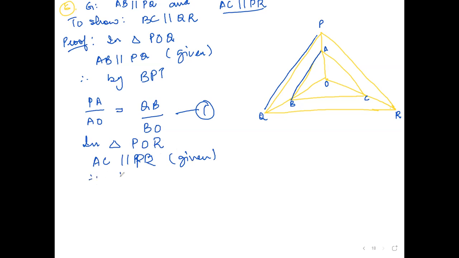So therefore, by BPT, what can I write now? PA by AO, RC by CO. Very good. This is second. Now from 1 and 2, what can I write?